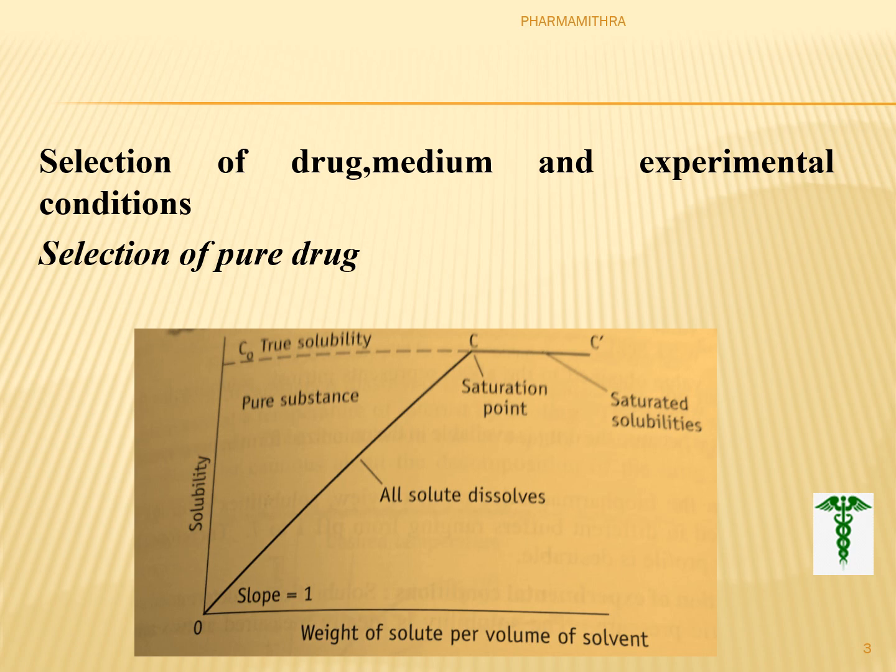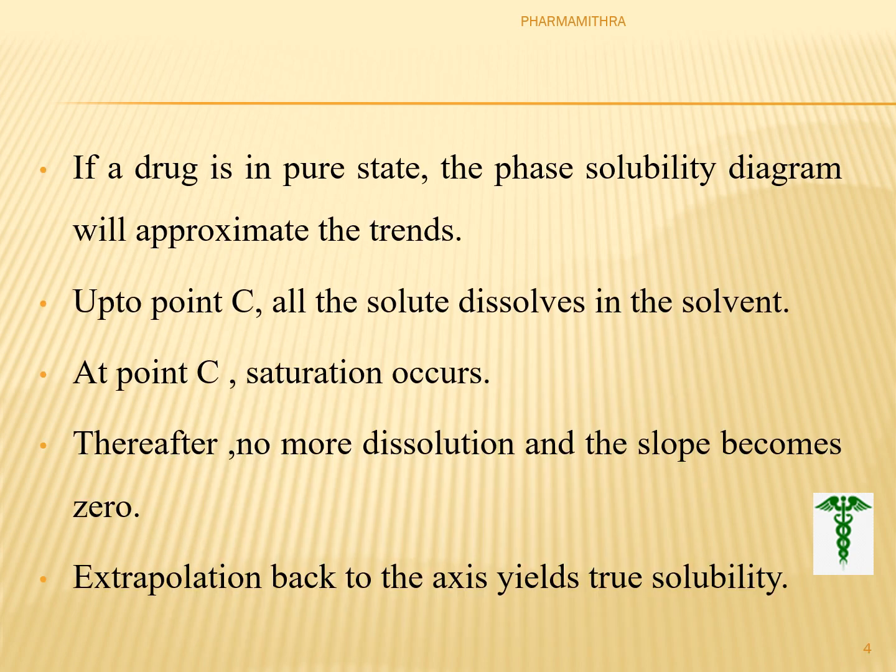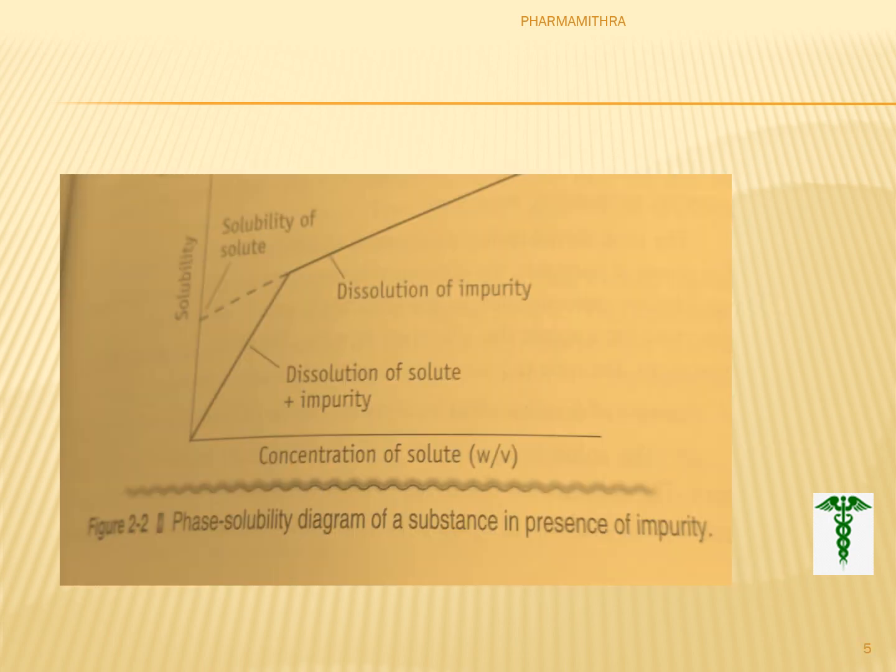If we extrapolate this saturation point to the y-axis, we can find out the true solubility. So this is the case if the drug is pure. If the drug is in a pure state, we can see the phase solubility diagram as we discussed earlier. Up to the point C saturation occurs, and if you extrapolate, we will get the true solubility.